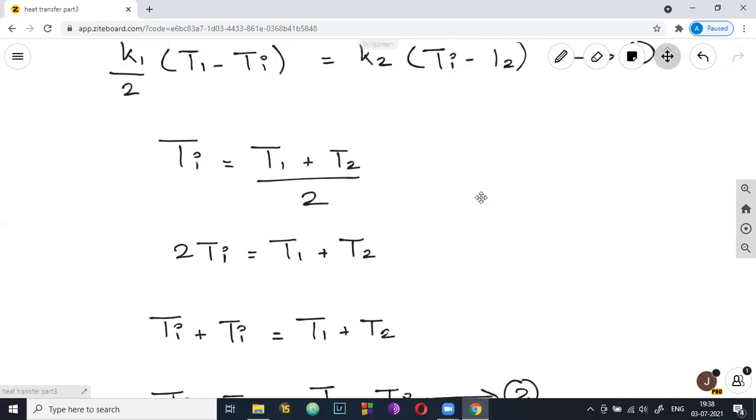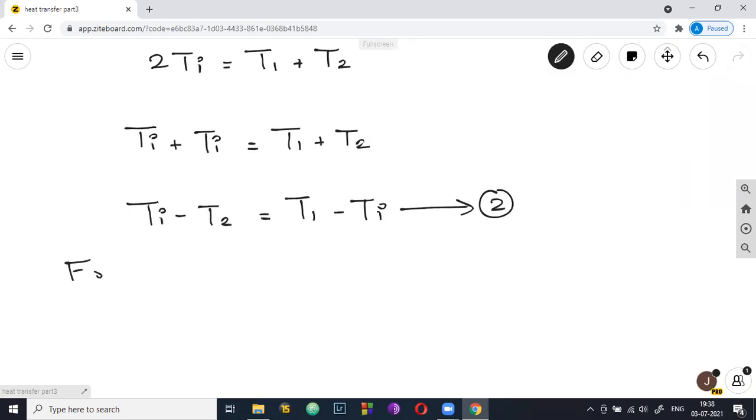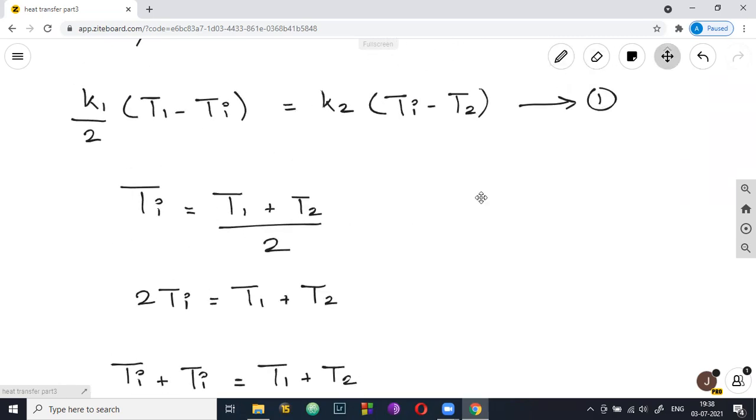You remember your equation number 1, with T1 minus Ti and Ti minus T2. From equations 1 and 2, (Ti minus T2) and (T1 minus Ti) both get cancelled out.